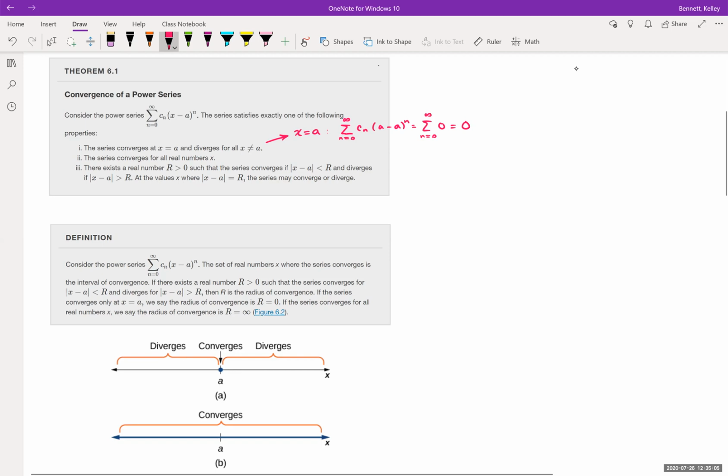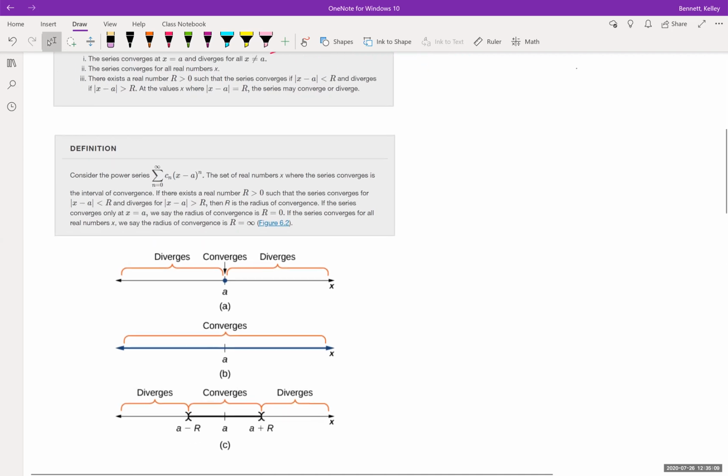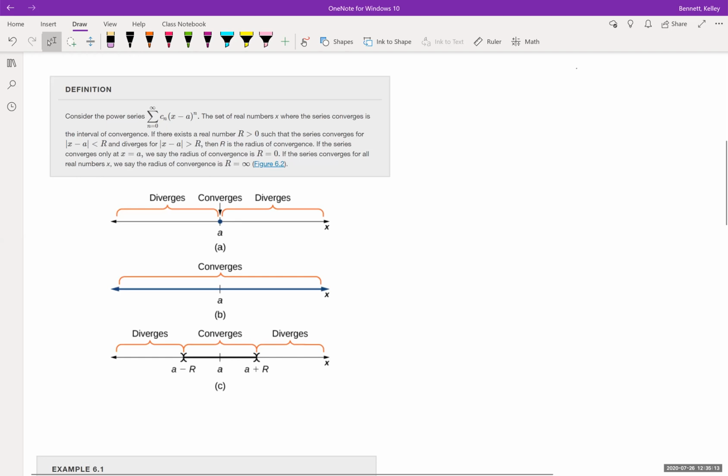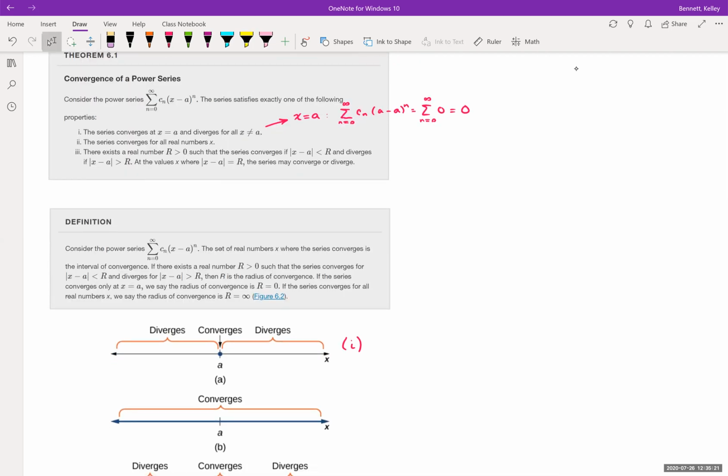So let's talk about radius of convergence and interval of convergence. If we just look at theorem 6.1, the first figure here represents that the series converges only at a.